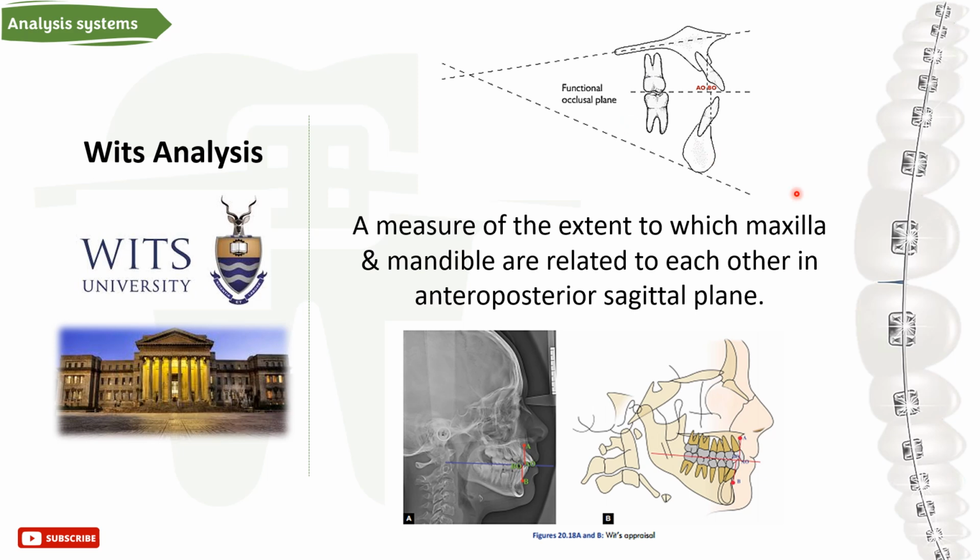As we have learned, we draw a perpendicular line from point A to the occlusal plane and another perpendicular line from the B point to the occlusal plane, and we see which one of them is ahead of the other to decide if it is a class 2 or a class 3 dentition or skeletal form.